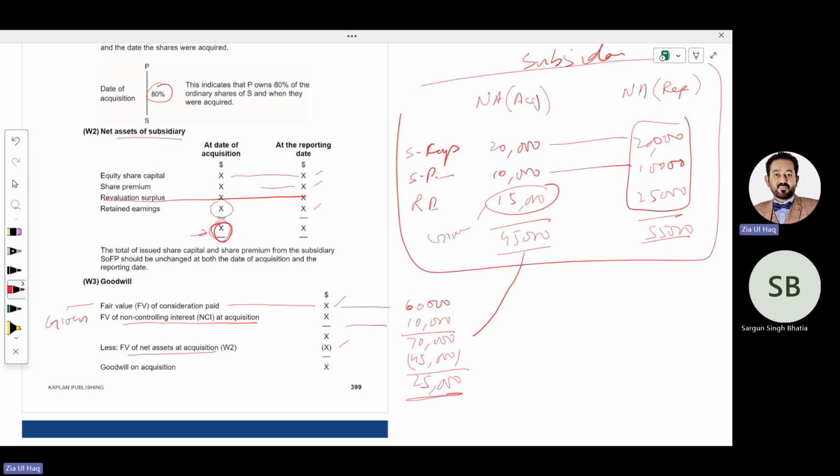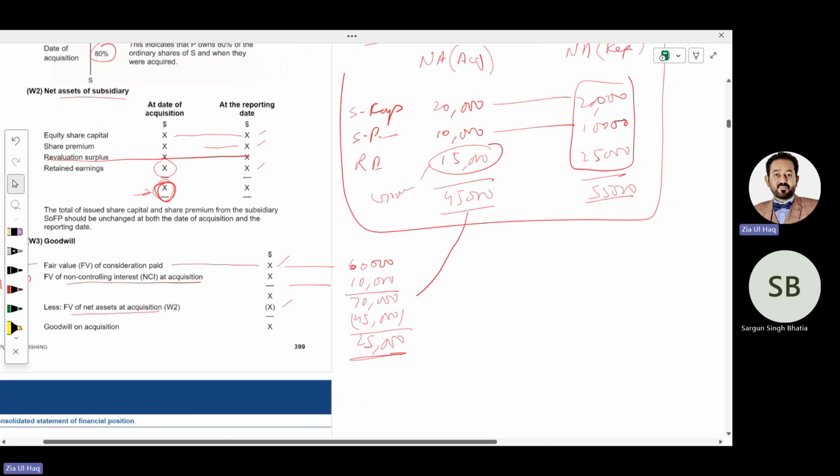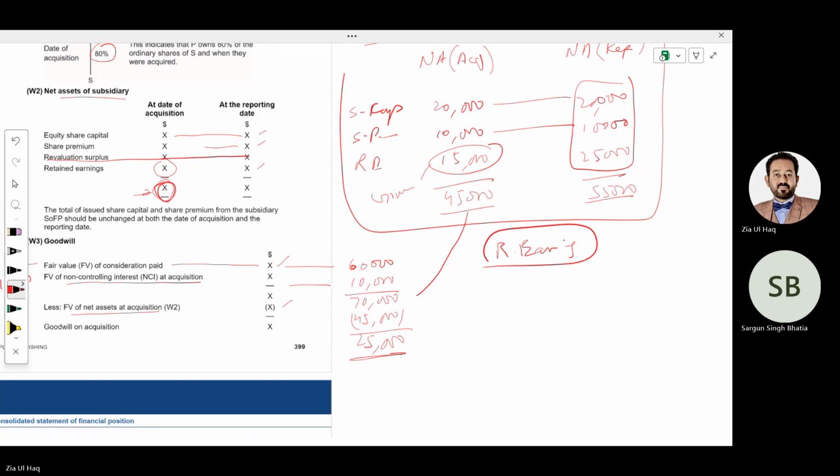Okay. Now, how to calculate retained earnings figures? How had we calculated holding retained earnings? In that question, that was 70,000 plus the subsidiary share.